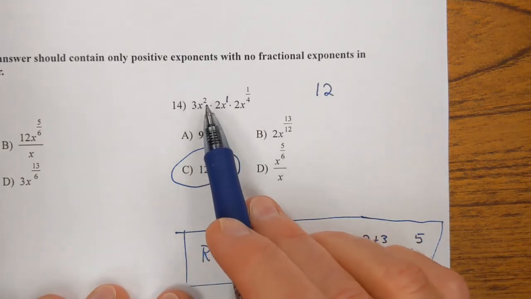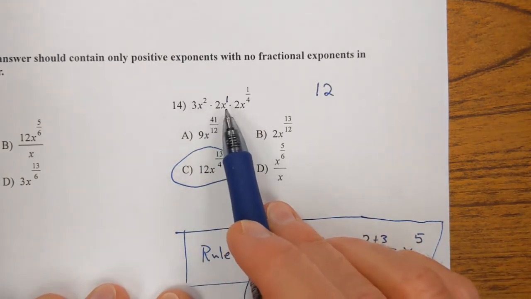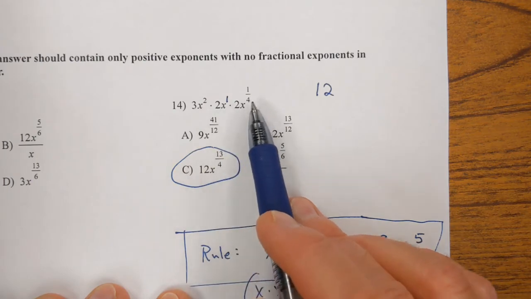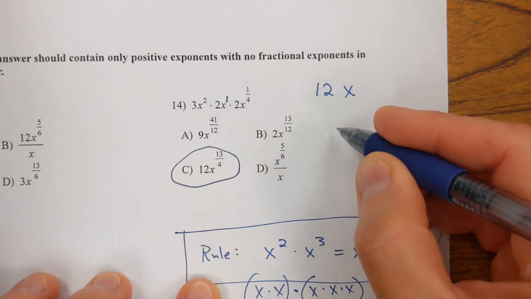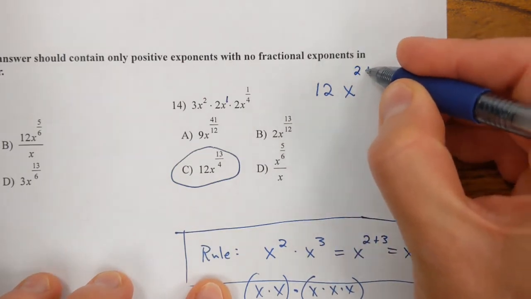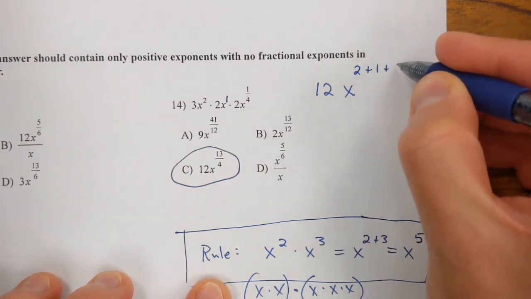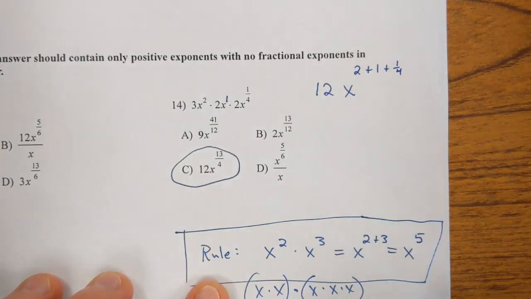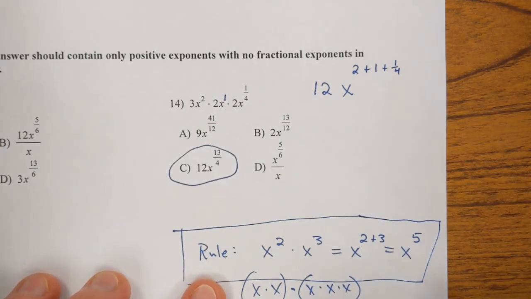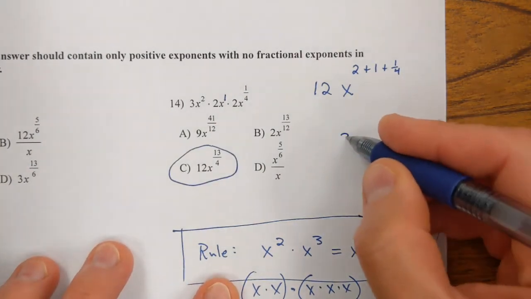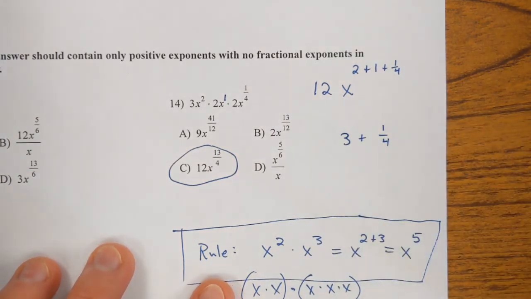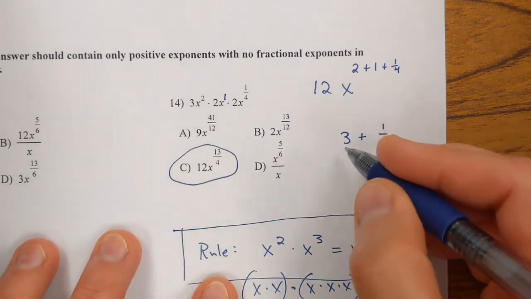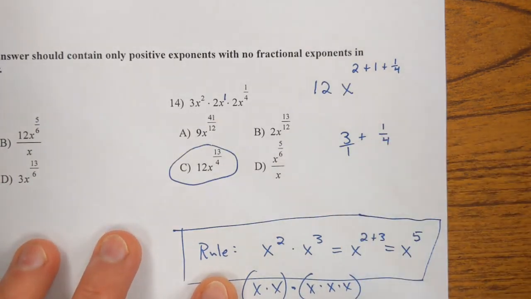With our powers, however, x squared times x to the first times x to the 1/4. To find our power now, we're going to actually have to add 2 plus 1 plus 1/4. Now, 2 plus 1 is 3, so really I have to do 3 plus 1/4. As a mixed number, that would be 3 and 1/4. Let's write this as an improper fraction.